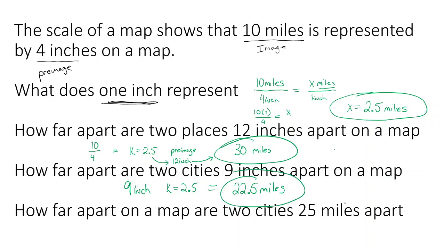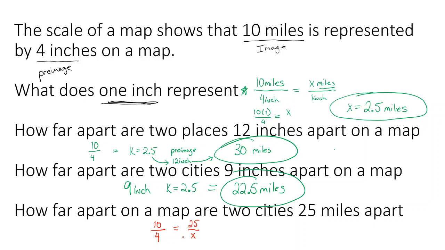How far apart on a map are two cities that are 25 miles apart? Well, I think that most of you in this class are definitely intelligent enough that you could do the opposite process, and instead of multiplying, you could divide by that k-factor. But I'm going to give you another method using proportions, like we did way up here. So with proportions, we'll say 10 is to 4, image over pre-image, as 25 is to x, again image to pre-image.